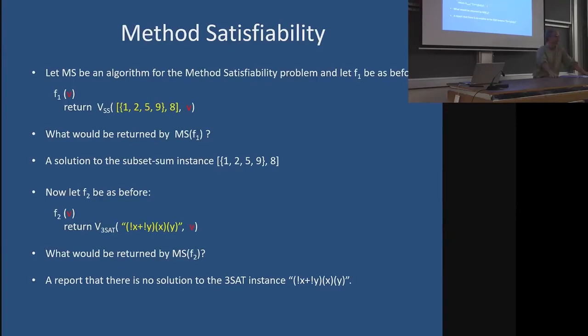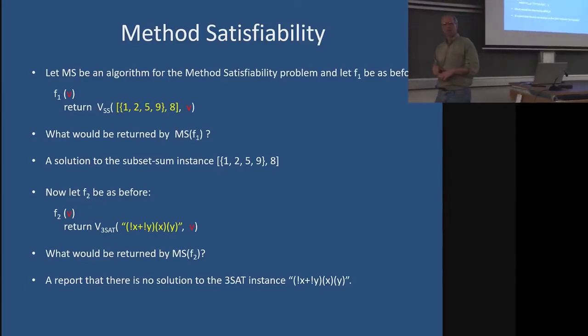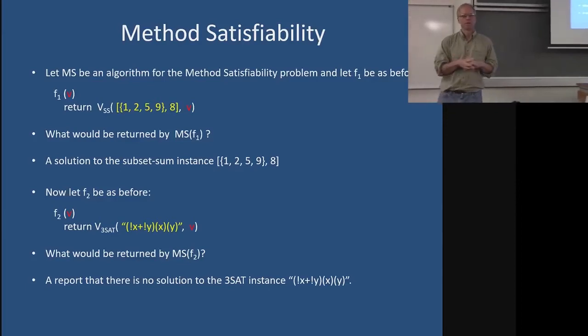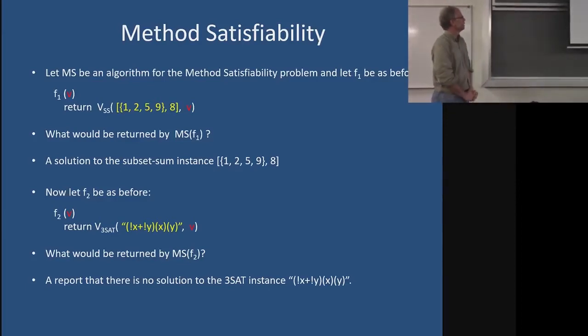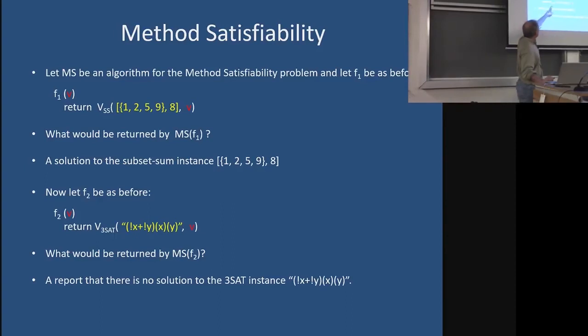We're doing a more constructive proof. How can we argue now that you take any problem from NP, you can reduce it to method satisfiability in polynomial time? Yeah. I argue that the simple F here is a reduction from... Okay, so yes, the reduction is to take the verification algorithm and build this method here.